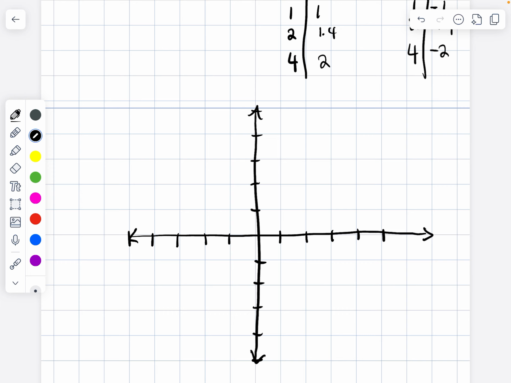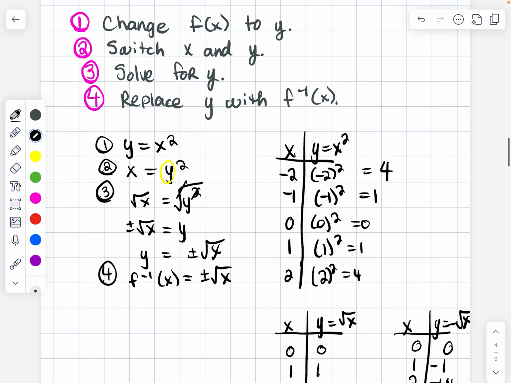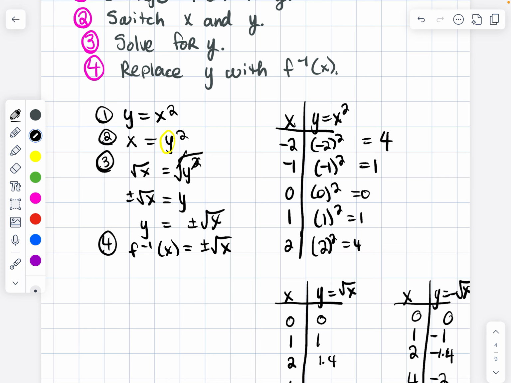All right, so what we're going to do here is we're going to start off by graphing x squared.